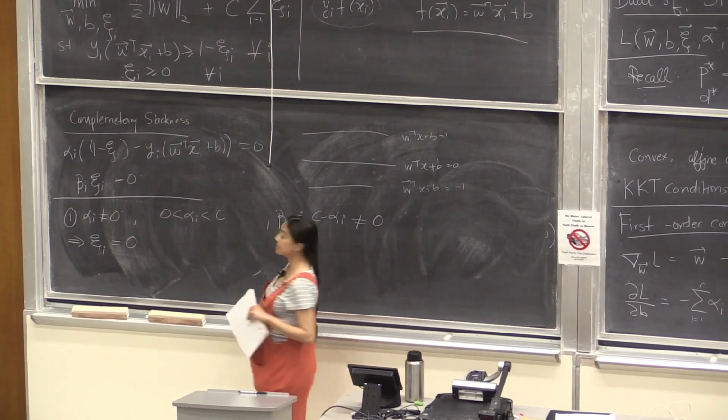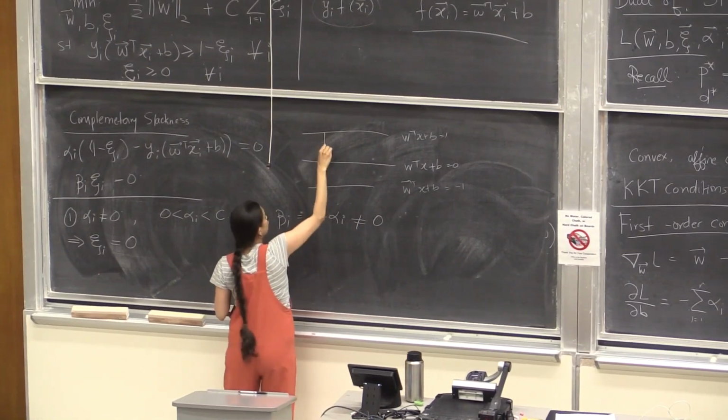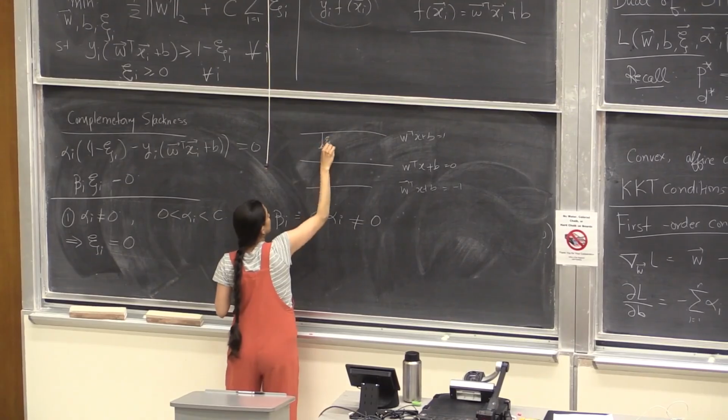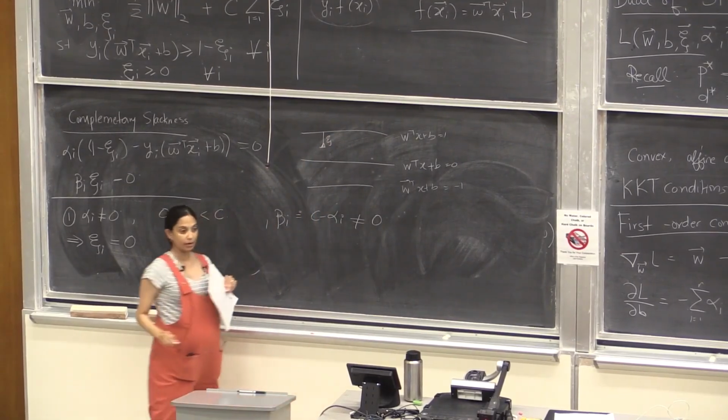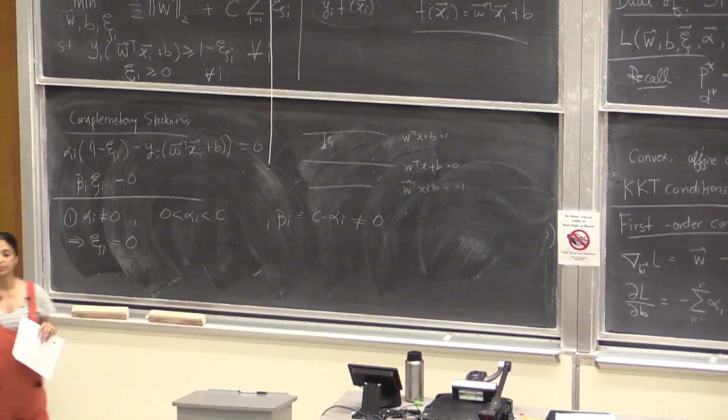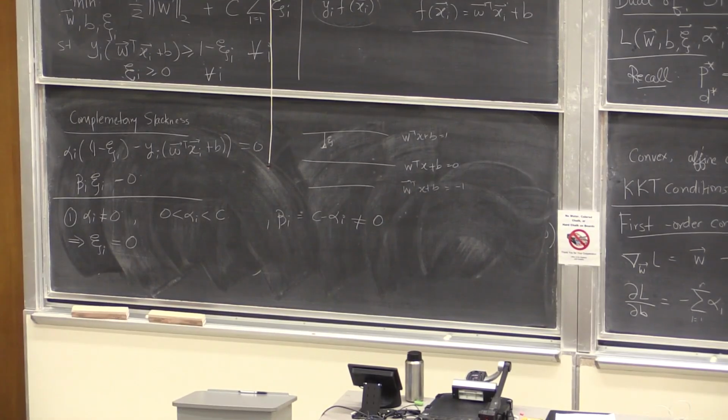And the psi i's are telling me, let's say I have some triangle point here, how much am I violating my margin? That's what it's telling me. So if psi i is 0, what does that mean for the ith point? Is it violating the margin? No, right? It's either exactly on the margin, or it could be further away.